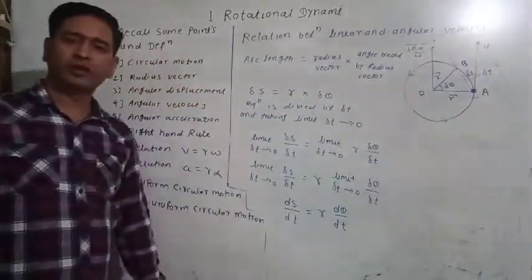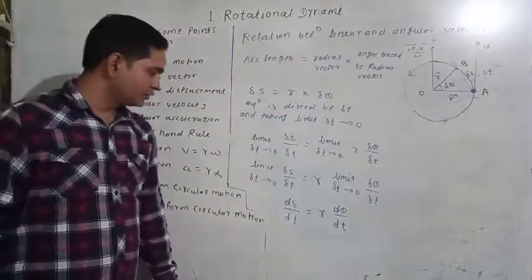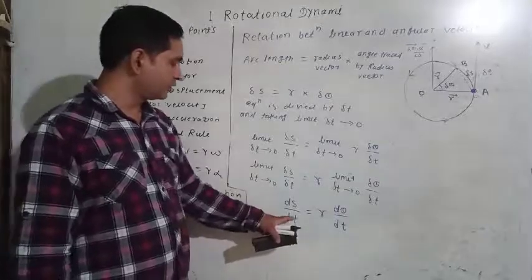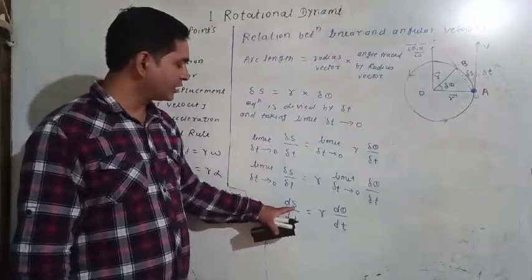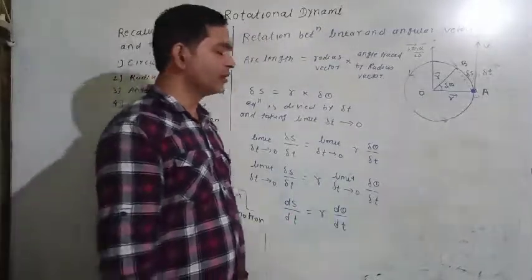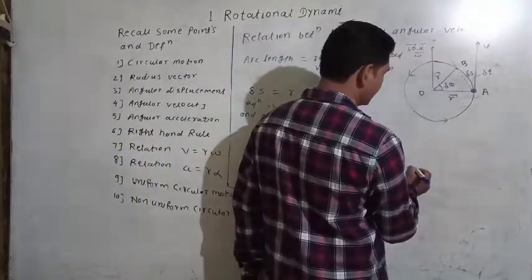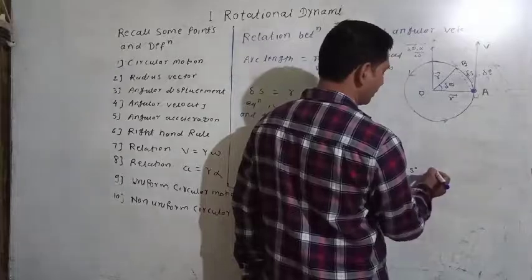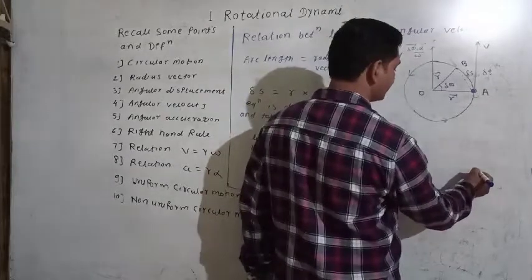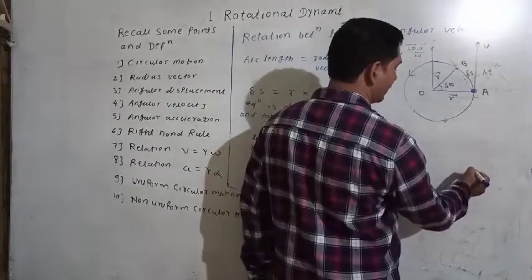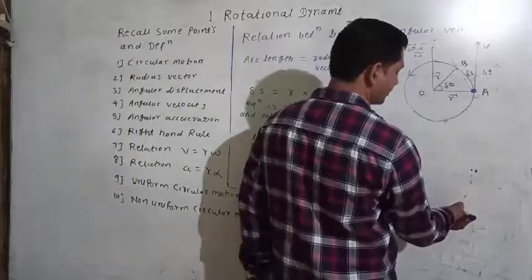Here ds upon dt means the arc length. Suppose there is an instant change, and it is our earth and sun at a very large distance, so it is a very large circle.